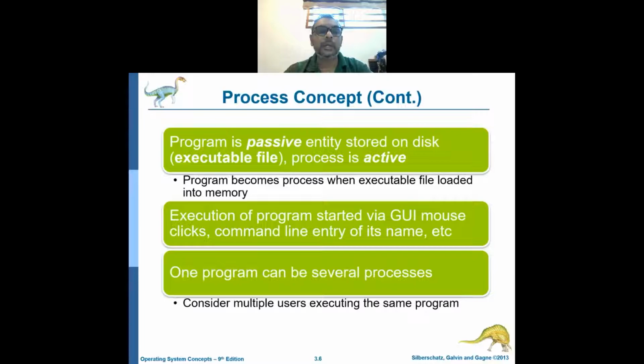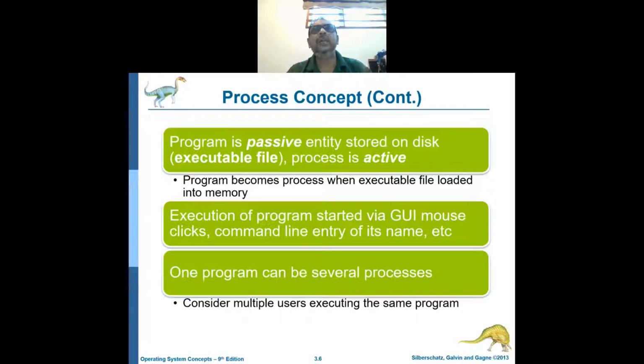So again, a program is a passive entity stored on a disk as an executable file, whereas a process is an active entity. What is passive? It does not move, and is stored in a disk as an executable file.